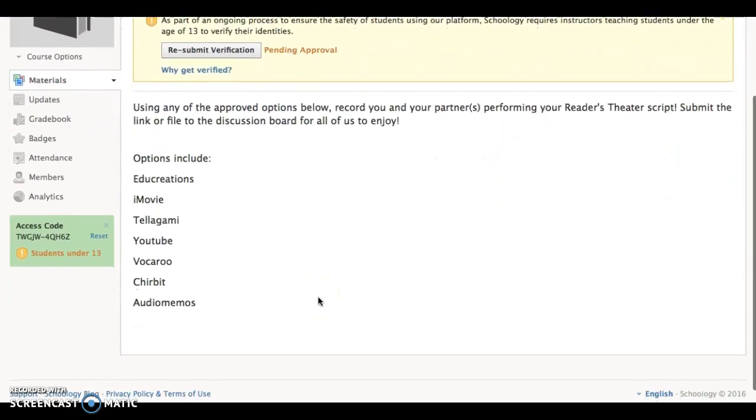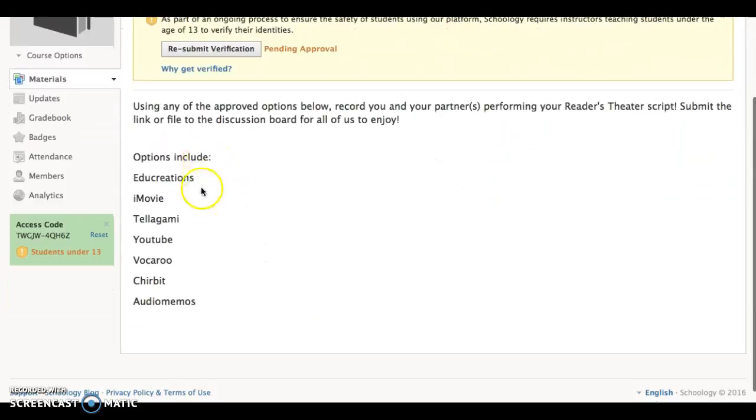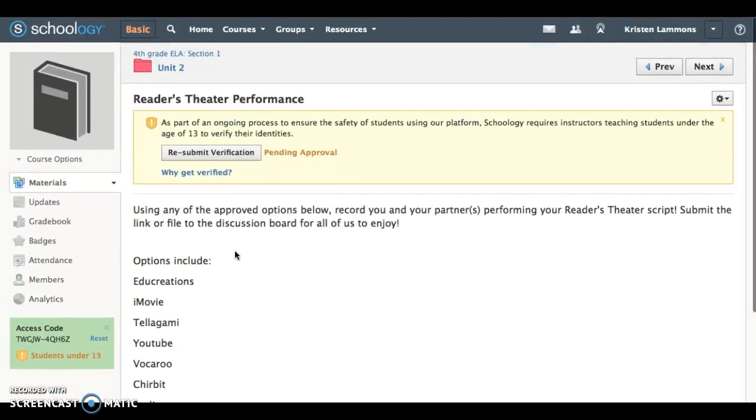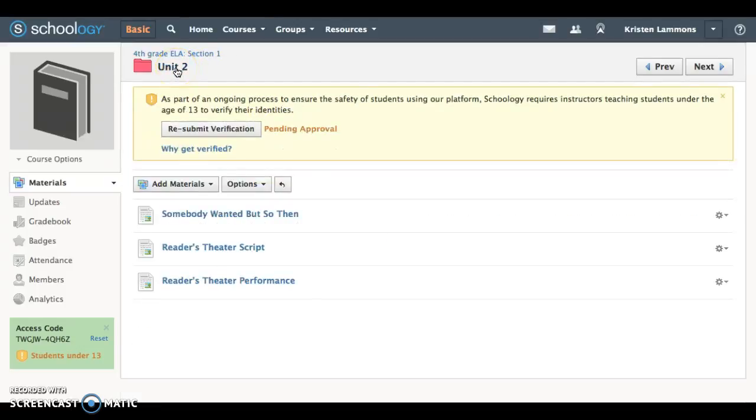And I offered any of these options would be acceptable ways for them to share with me. I probably prefer Telegami, iMovie, and Educreations. But the main part is just for them to be able to practice that.